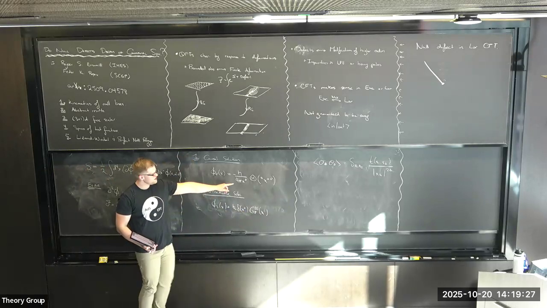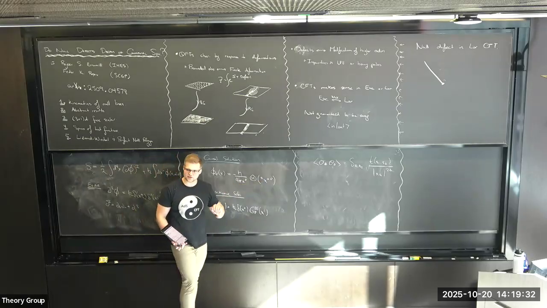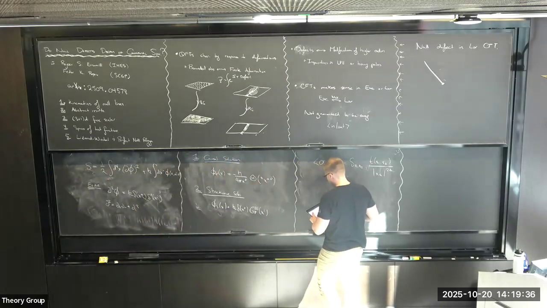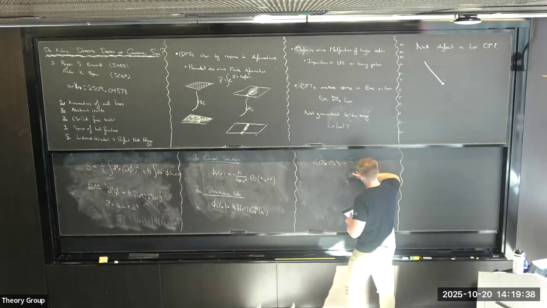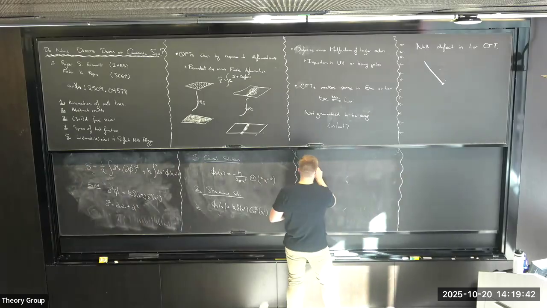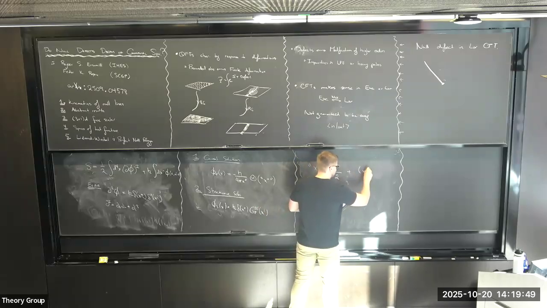This guy's more mysterious. You'll notice that I didn't put theta of x plus, I called it theta of, in scare quotes, x plus. What is theta of scare quotes x plus? It is something that naturally appears when you actually solve the problem. Let me tell you what it is. Theta of scare quotes x plus is equal to x plus over 2 plus xi squared over 2x plus.